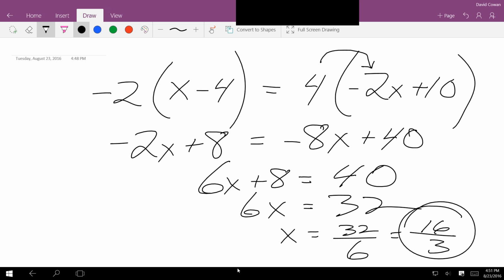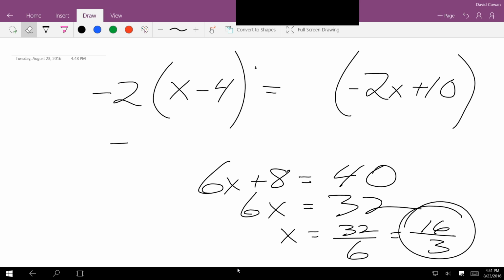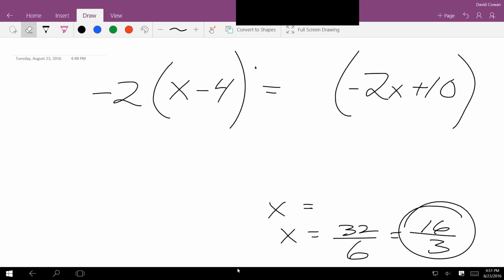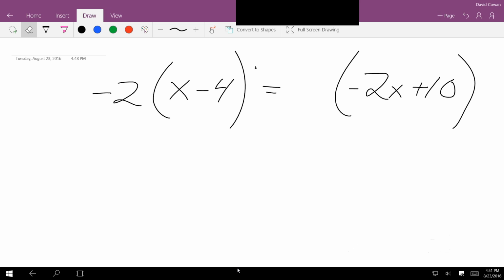If I can figure out how to find my eraser. Now do it. No, solve this equation. Negative 4x.